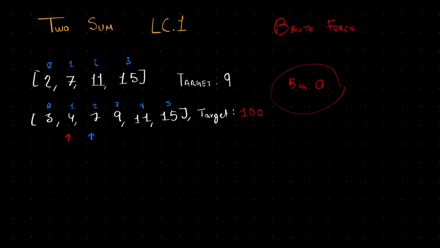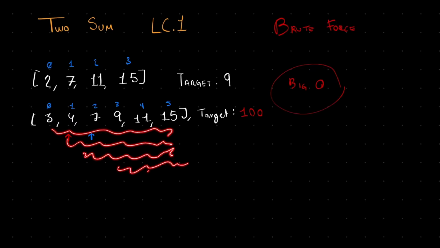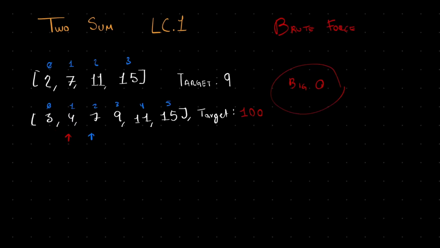So at worst, we're going to be summing the 3 with all the numbers, so we make a total of n sums, and then we do the same for 4, and then for the next number, and the next. As you can see, this is not very efficient.